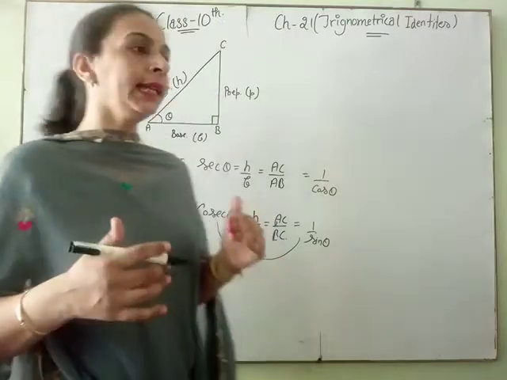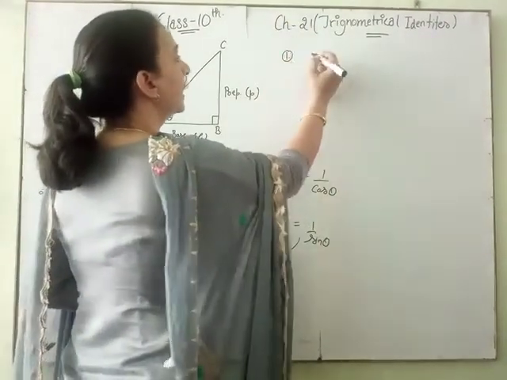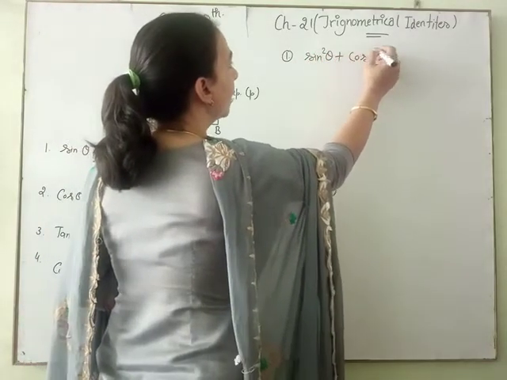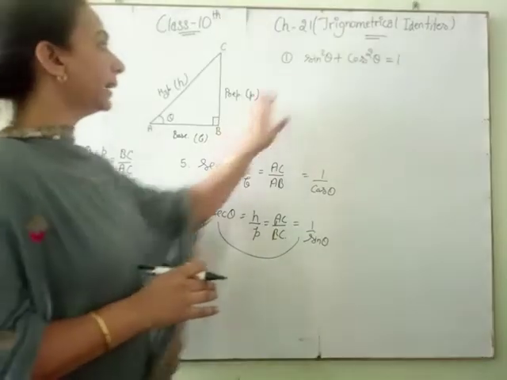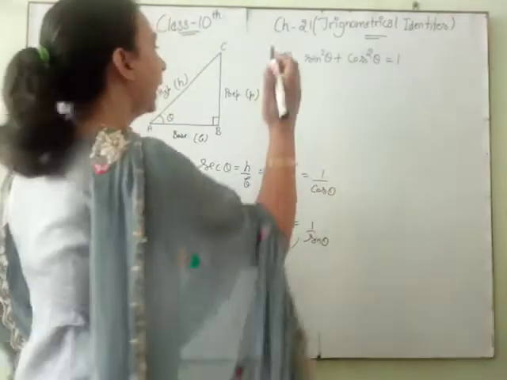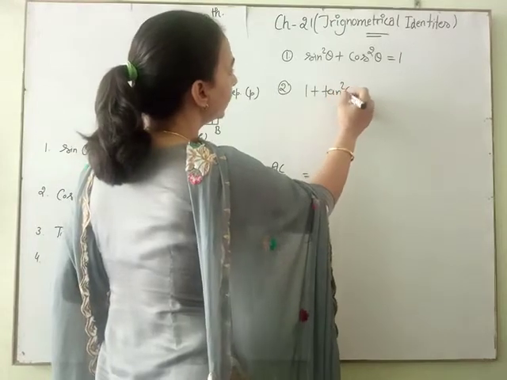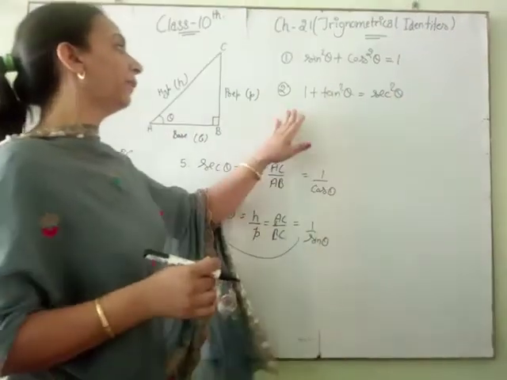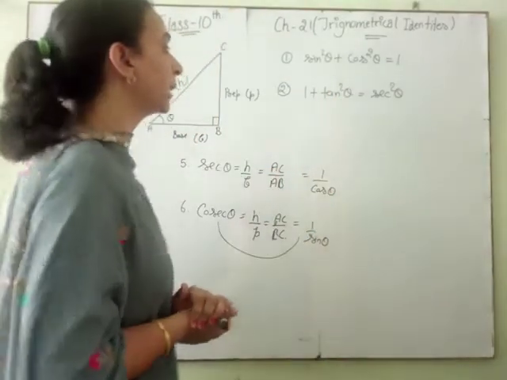And there are other results. First is sine square theta plus cos square theta equal to 1. Next is 1 plus tan square theta equal to secant square theta.